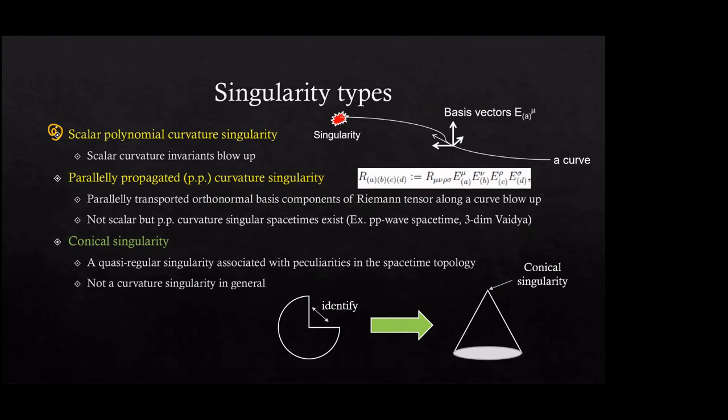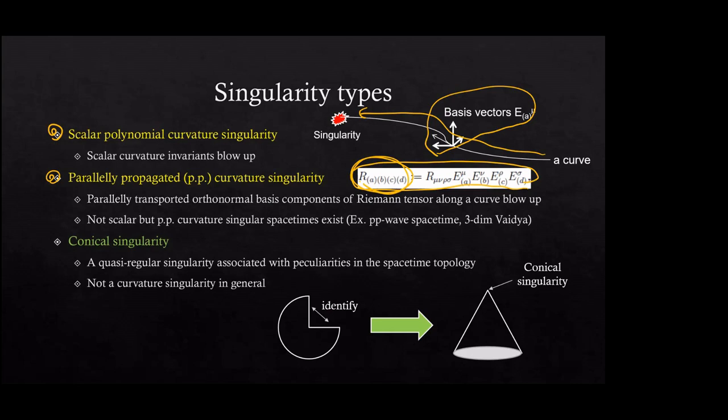But there is another type of curvature singularity, which is the parallelly propagated or PP curvature singularity, around which the parallelly transported orthonormal basis components of the Riemann tensor blow up along a curve. So consider a curve towards the singularity, and we consider the basis vectors parallelly propagated, and actually the component of the Riemann tensor, this guy, blows up.